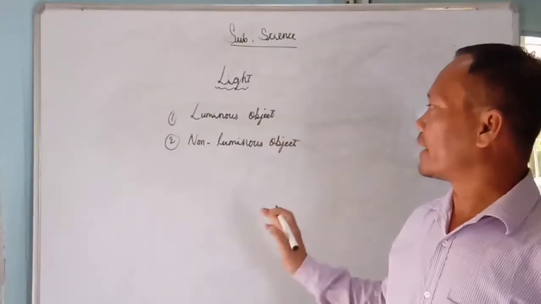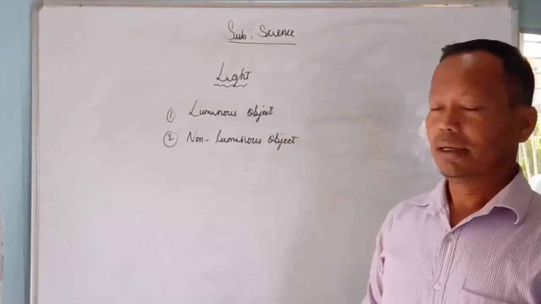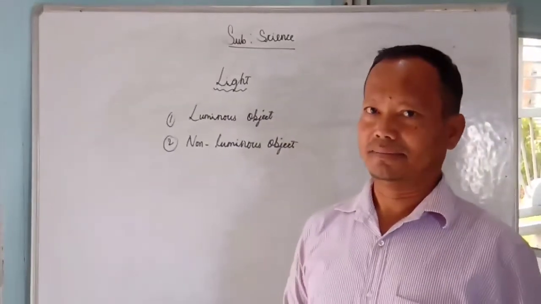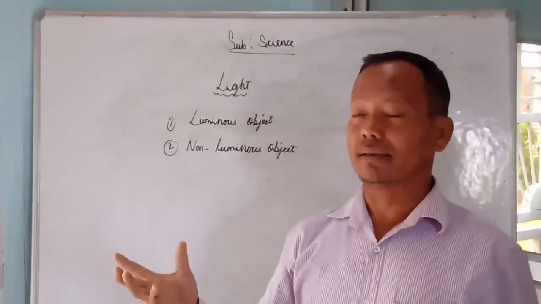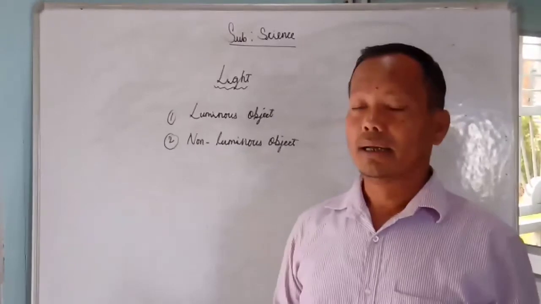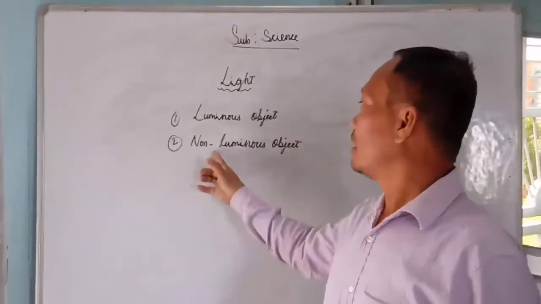One is luminous object, one is non-luminous object. What is a luminous object? The objects which give their own light, which can give light, are called luminous objects. And what is a non-luminous object? The object which cannot give light is called a non-luminous object.